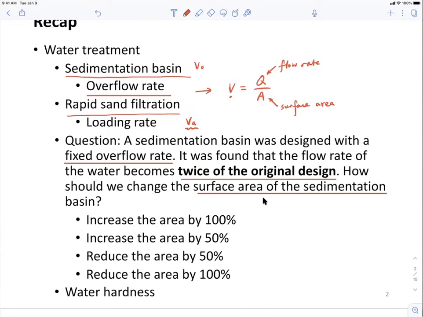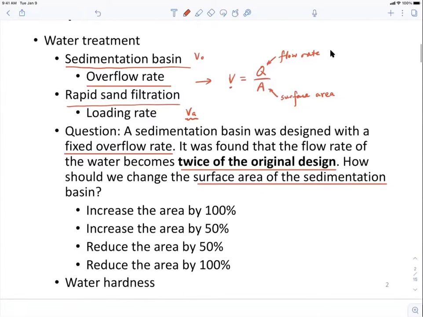Okay, 5 more seconds. Okay, we'll stop here. So most of you guys get the correct answer. All right, so we're using this equation again.